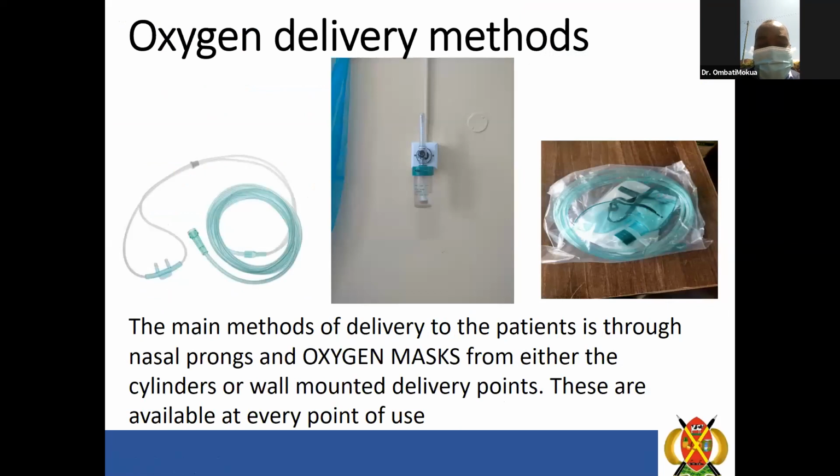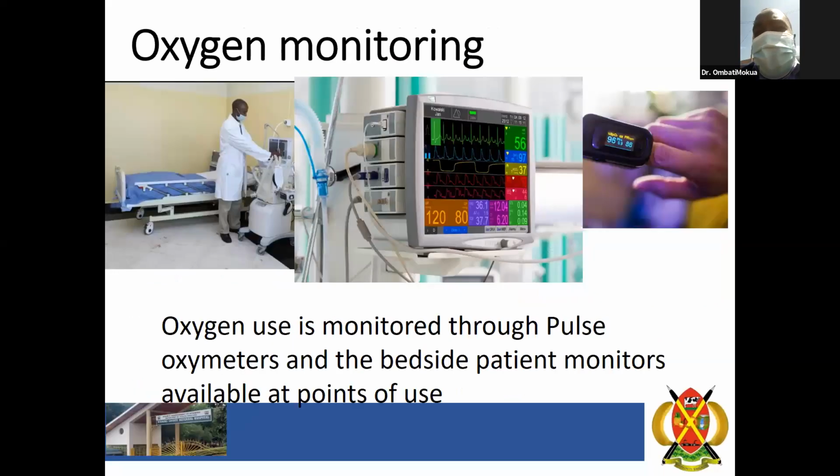I've listened carefully and watched on the screen the methods used in delivery of oxygen, but mainly in our facility, we only use the nasal prongs and the oxygen masks. Those are the main ones that we use. And also there is invasive ventilation, though once in a while, that has not been used so much.